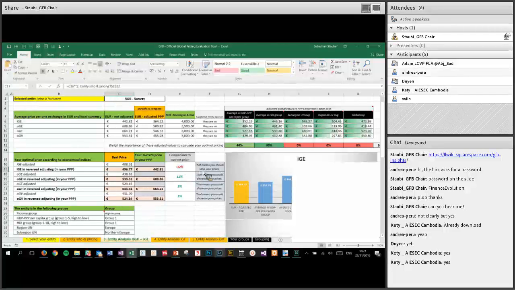So in IGE, Norway should raise the prices. In OGE, the prices are higher, so this is positive. Here it's 12% higher, and the other factors are also higher. So actually Norway has a good pricing. This is how you can assess your pricing there.